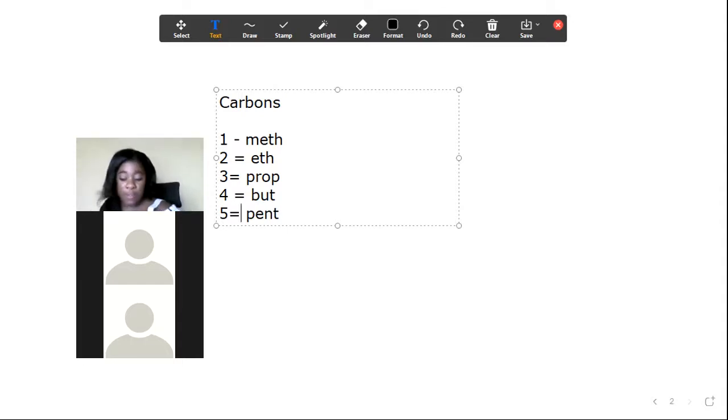Now, the first part of the name is related to the total number of carbon atoms, while the second part is related to the functional group present. So if it's an alkane, it's gonna be methane. If it's an alkene, it's gonna be ethene or propene or butene or pentene.